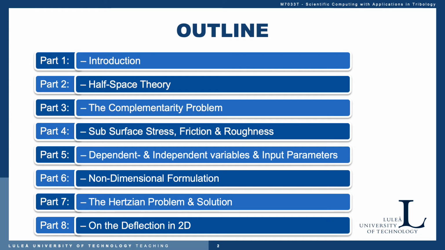Then part 5 is a bit more on the mathematical aspects, and it's devoted to defining independent variables and input parameters of the problem. This is because in part 6 we are going to carry out the non-dimensionalization of the contact mechanics problem, and then we need this.